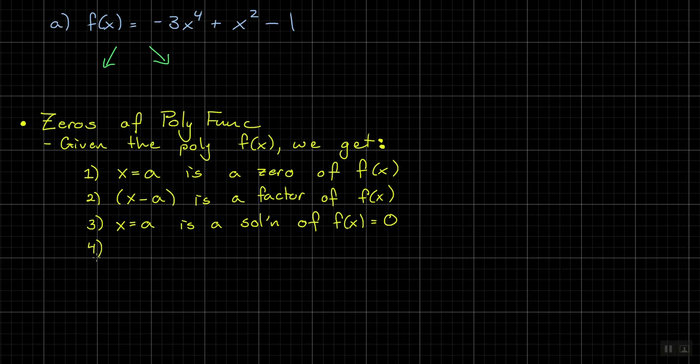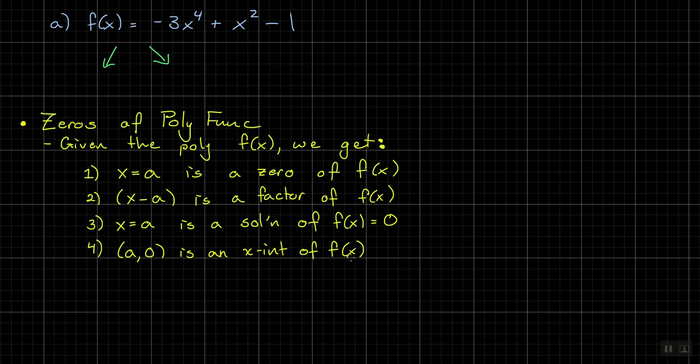Last one. We could say that this ordered pair, a comma 0, is a what? Root. Or since we're talking about specifically an ordered pair, we'll say an x-intercept of f of x. And then I didn't include root.